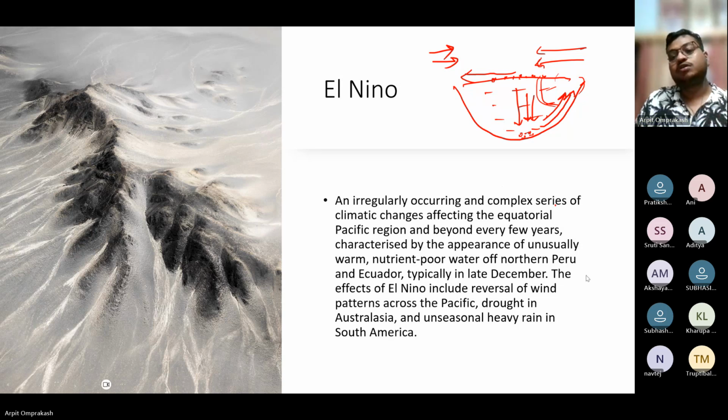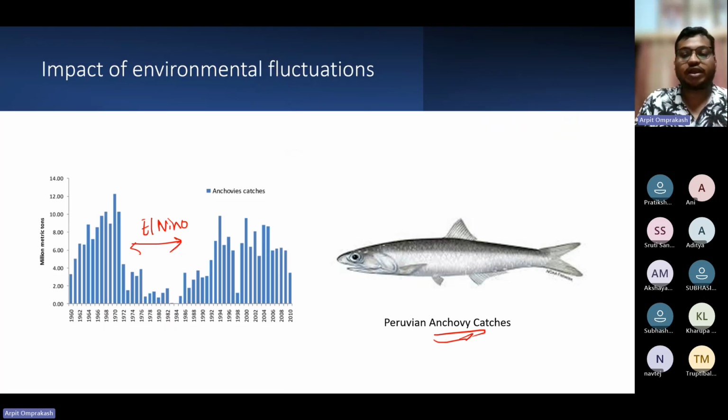Right. So this is one environmental fluctuation which occurs irregularly and leads to a lot of changes in a lot of populations across the globe. One of the things that we see is its impact on the populations of anchovies near Peru.